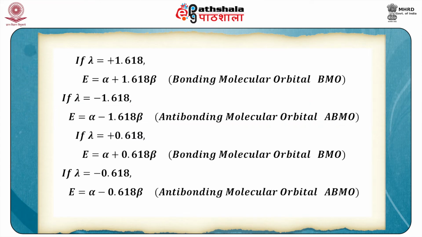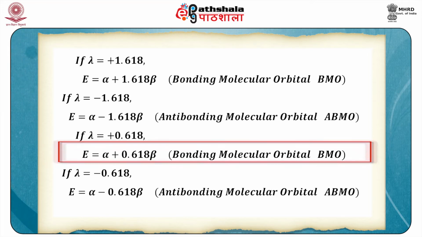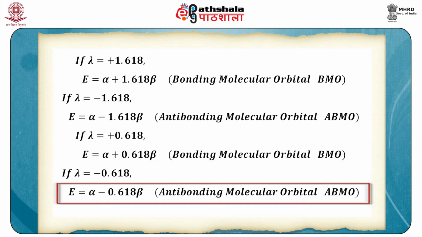Similarly, for the other two values of lambda, we can calculate the energy of the corresponding molecular orbitals. One becomes E equal to alpha plus 0.618 beta, which is again a bonding molecular orbital, and the other one is E equal to alpha minus 0.618 beta, which is an antibonding molecular orbital.